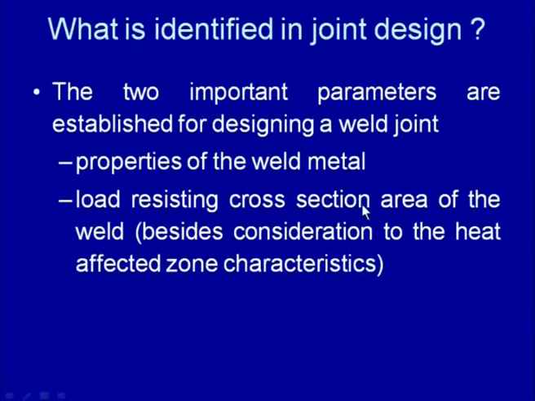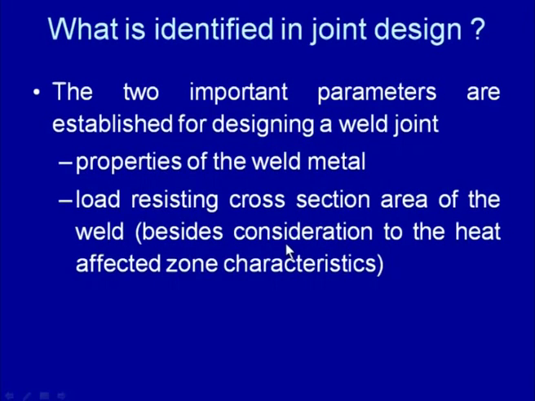While designing a weld joint, apart from the properties of the weld metal and the load resisting cross sectional area of the weld, we also keep in mind if any deterioration in properties of the region close to the weld joint is taking place. So, means while designing the weld joint, any hardening and softening of the heat affected zone is also considered, because many times the failure can take place from the heat affected zone instead of the weld joint.